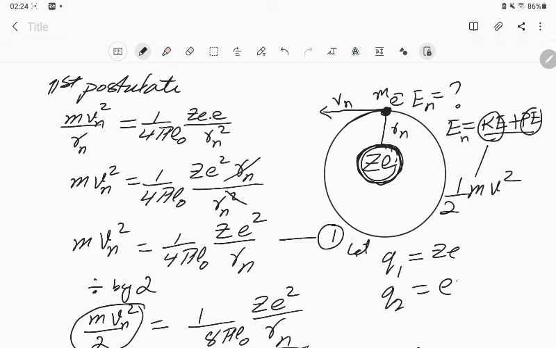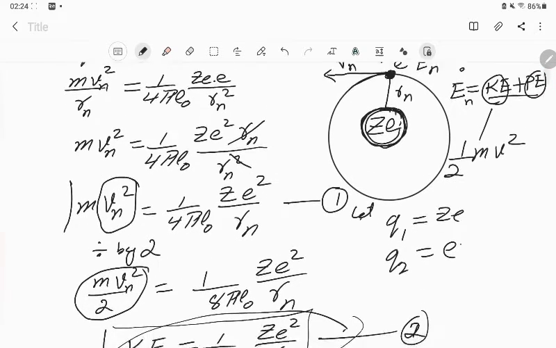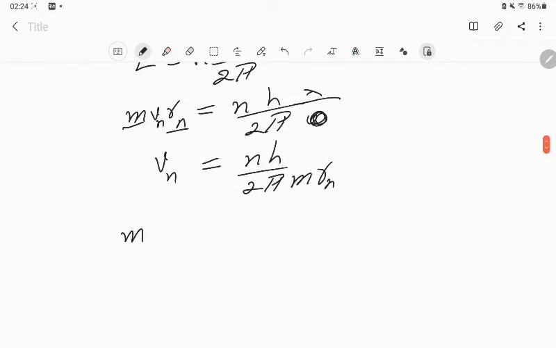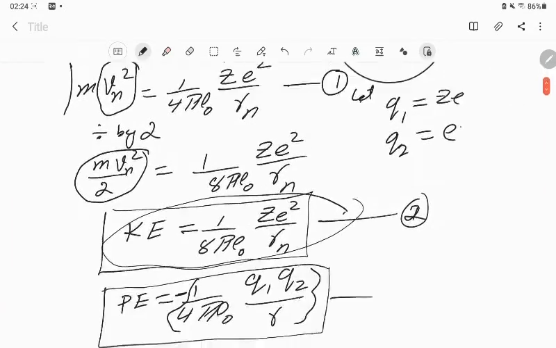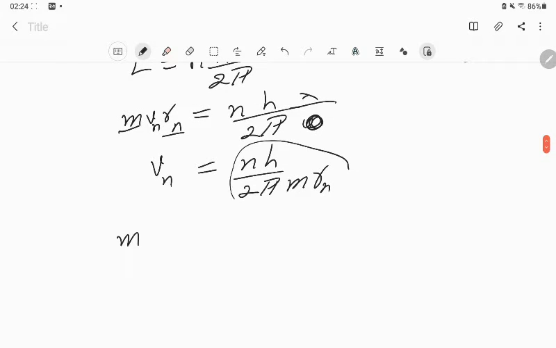This is equation 1, m v_n squared over r_n. So here we will put v, just like yesterday only I am doing. V squared is there, right? So we have to square all these things.